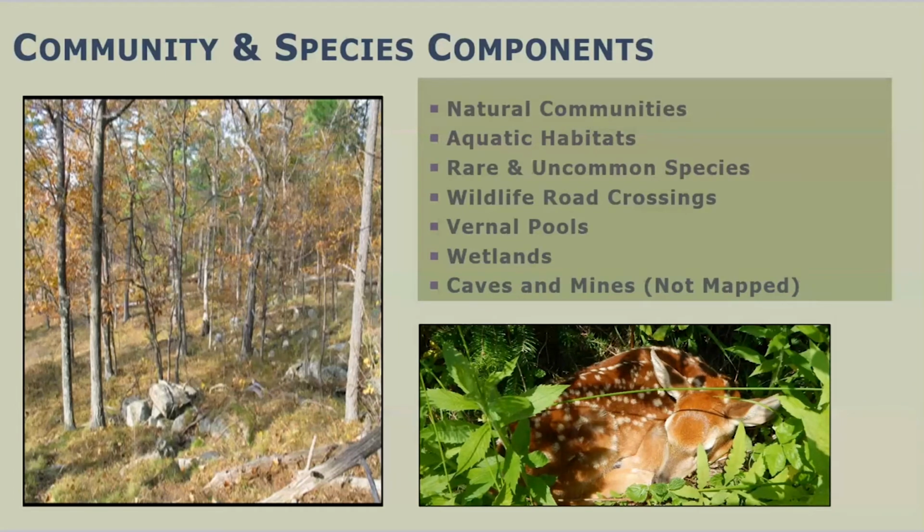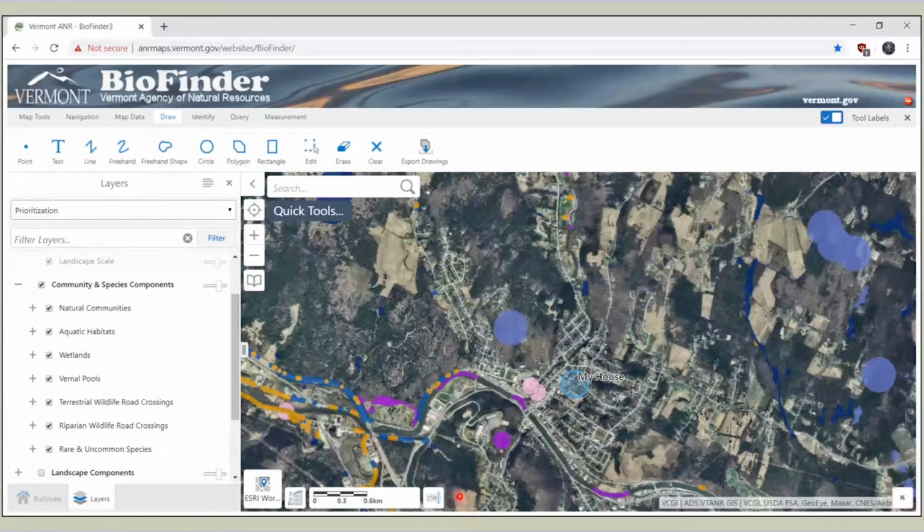These are all parts of that ecologically functional landscape, again, that aren't going to be captured through landscape scale conservation, but will require that slightly finer scale of attention. And so going back to Montpelier, if I turn on all of these community and species components, you'll see this scatter shot of different features that show up in BioFinder.